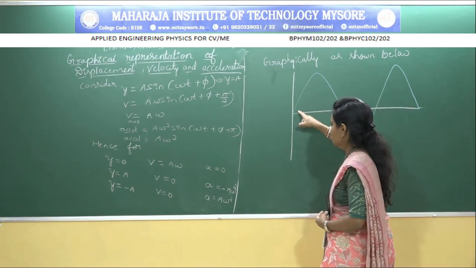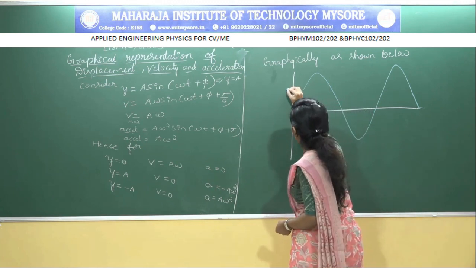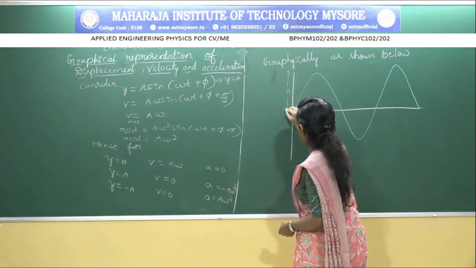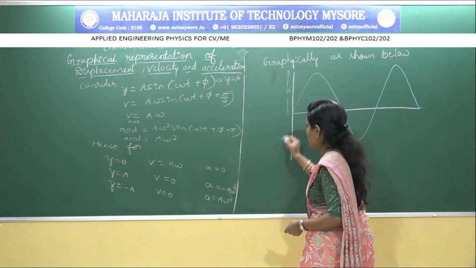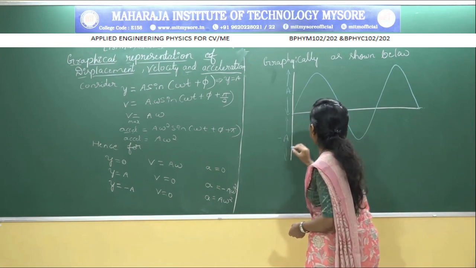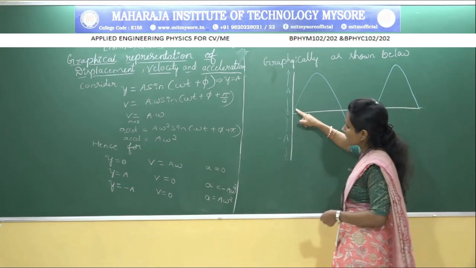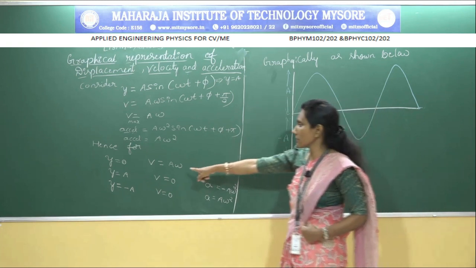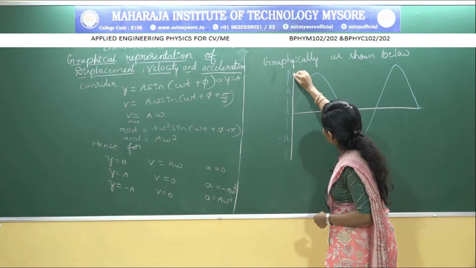The displacement, that is the amplitude, is represented by A, and in the negative axis by minus A. Then the velocity: when the displacement is 0, the velocity will be maximum. That's why the graph can be shown.